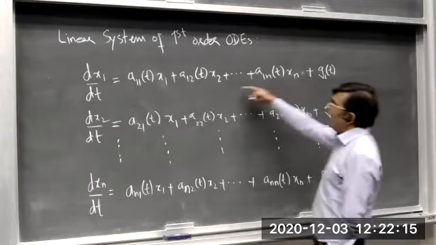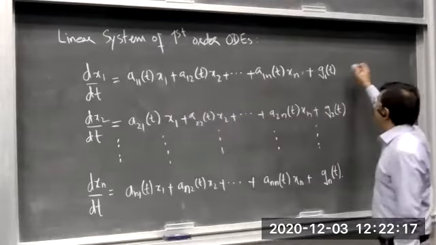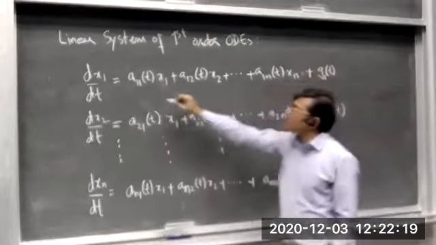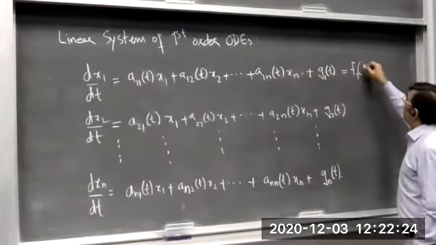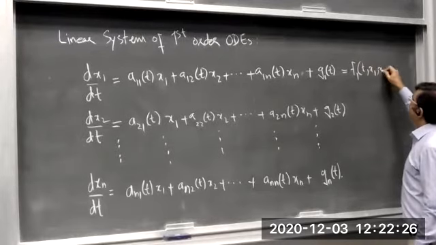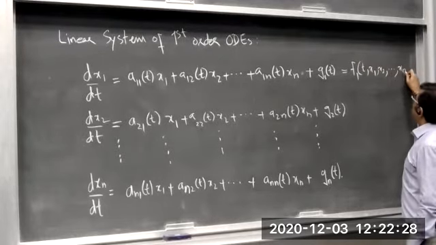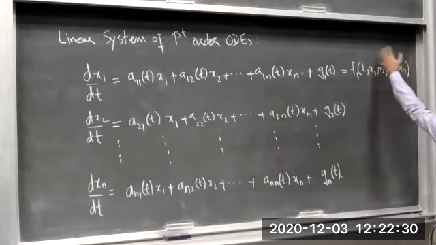This whole thing is basically f1 of t, x1, x2, so on, xn. Now this function could be linear or non-linear.